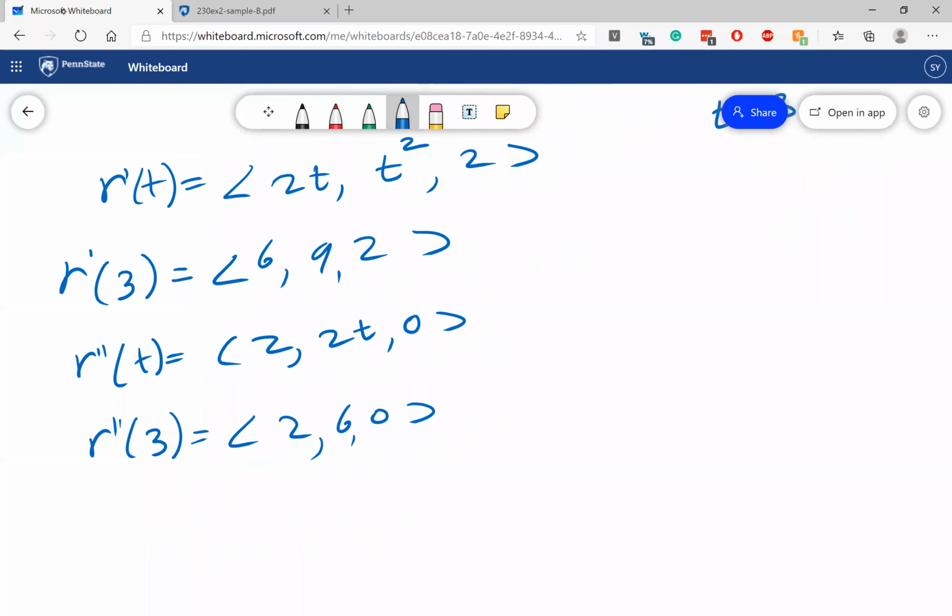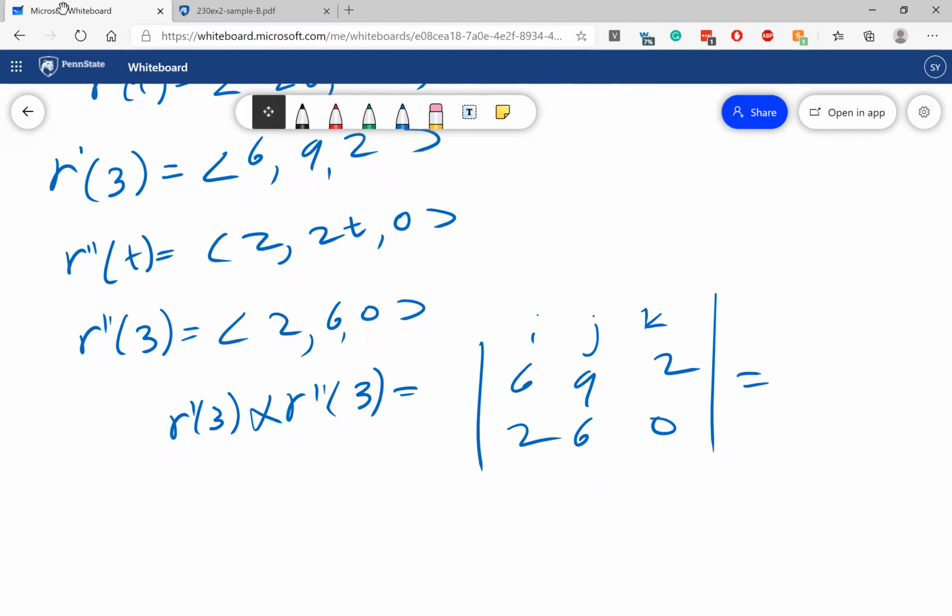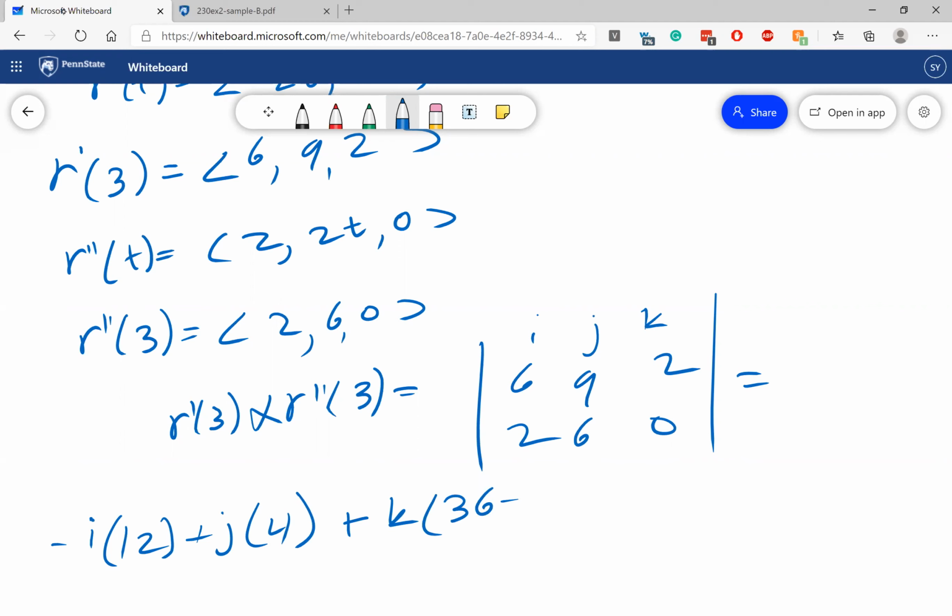Okay, so now r prime at 3 cross r double prime at 3 is going to be equal to the determinant with i, j, k, 6, 9, 2, 2, 6, 0, which is going to be equal to i times 0 minus 12, minus j times 0 minus 4, plus k times 36 minus 18.